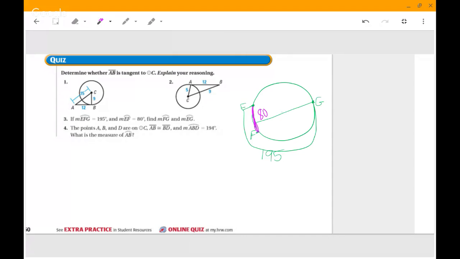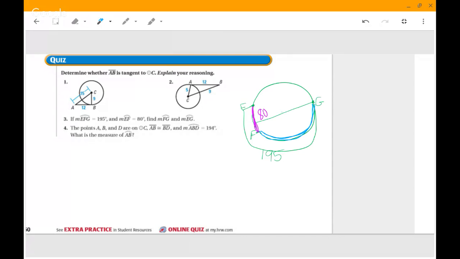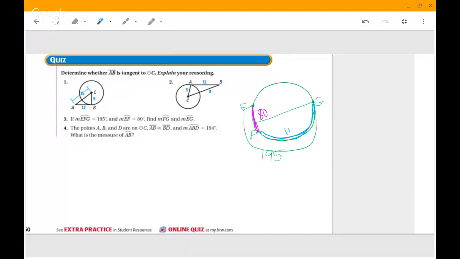And it wants you to find FG and EG. So FG would be this part. How could you find that blue part? You're gonna do 195 minus 80, which will get you 115. Yes.